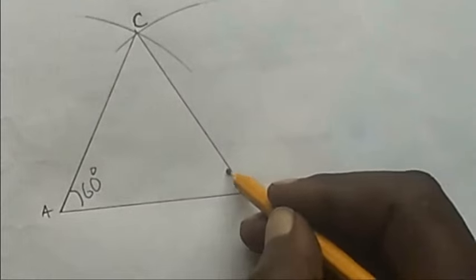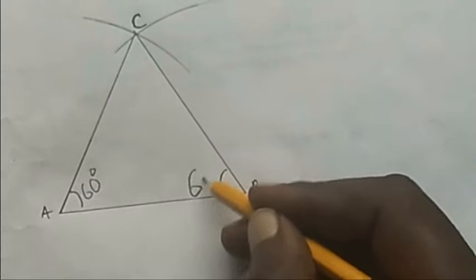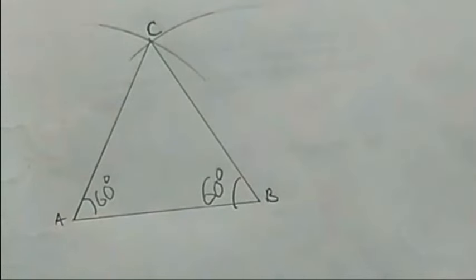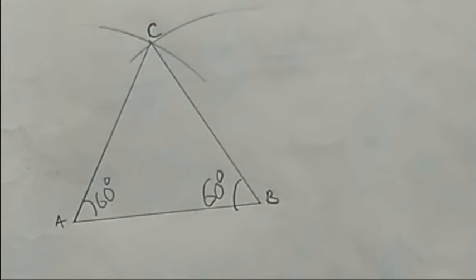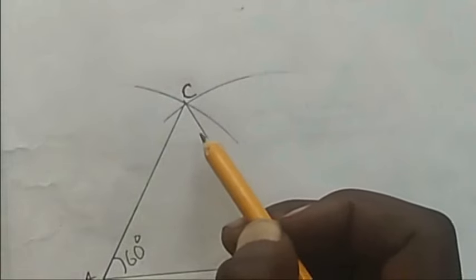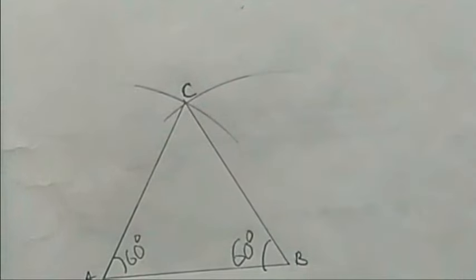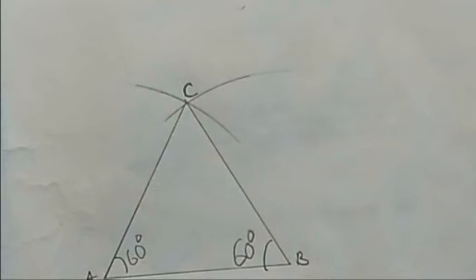So you can also indicate here to say this is 60 degrees. Once we have done that, then we have answered this question. However, we can tell that this angle is also equal to 60 degrees, because the interior angles of a triangle add up to 180 degrees.